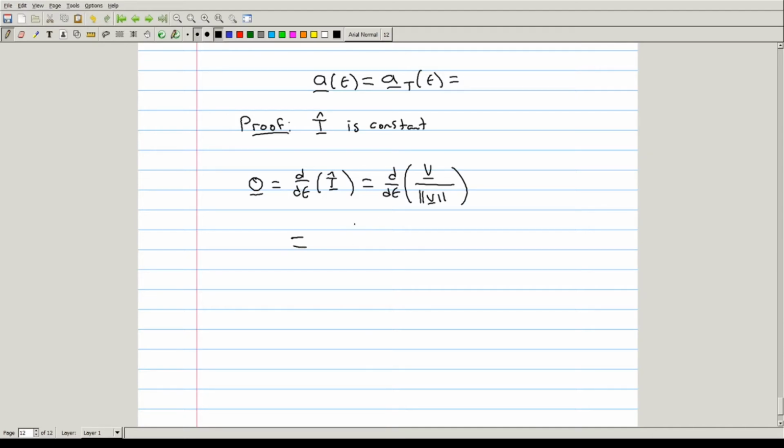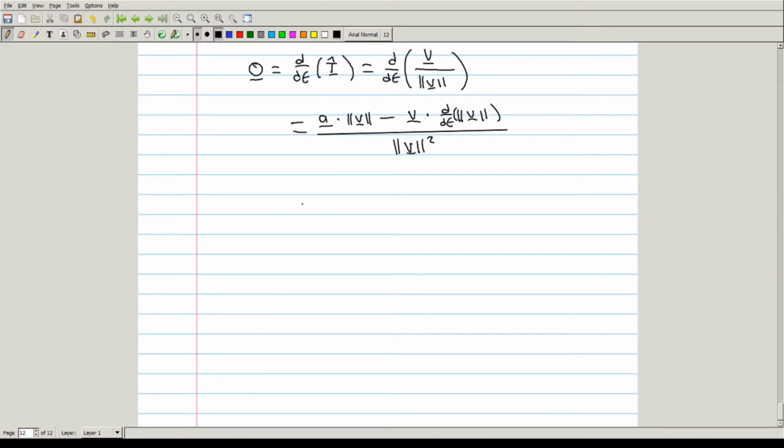which by the quotient rule is going to be equal to the derivative of v, or the acceleration vector, times the denominator, minus v times the t derivative of the magnitude of v, all divided by the magnitude of v squared.